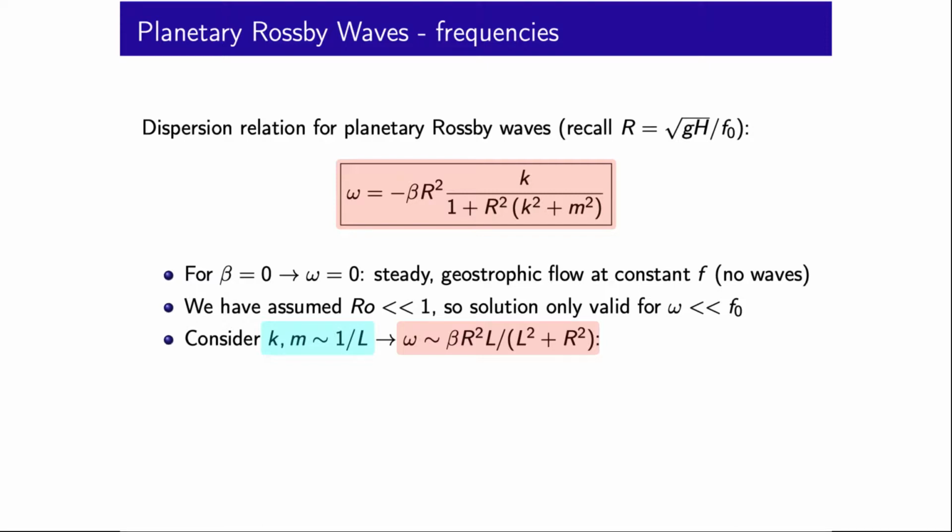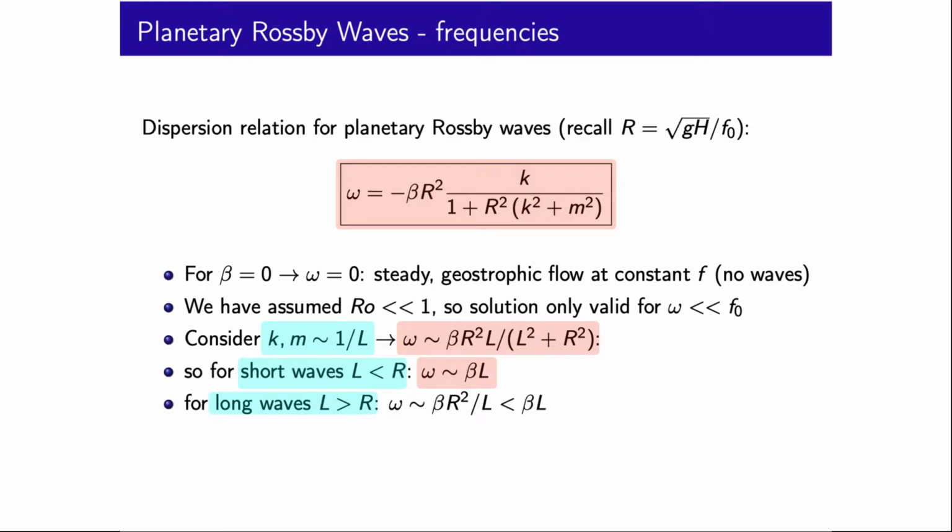This means that for short waves, where L is much less than R, omega becomes beta L, and that for long waves, where L is greater than R, omega becomes beta R squared on L, which is less than beta L. Interestingly, this also suggests a maximum in the frequency for L is the Rossby radius, a maximum frequency of beta R on 2. Perturbations at higher frequencies than this are unable to directly excite planetary Rossby waves.